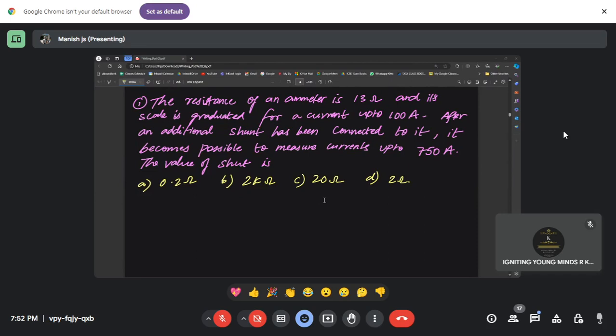Yes, we have seen it while revising the concepts. No idea to find out what is the shunt resistance.